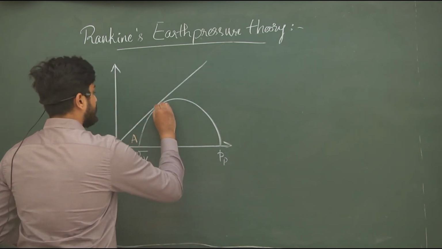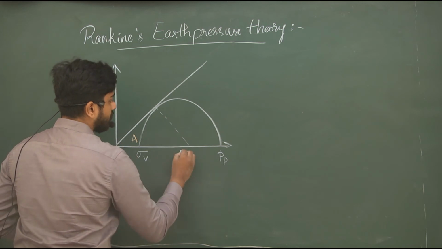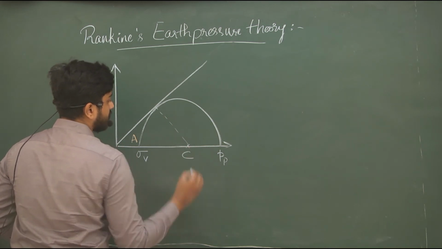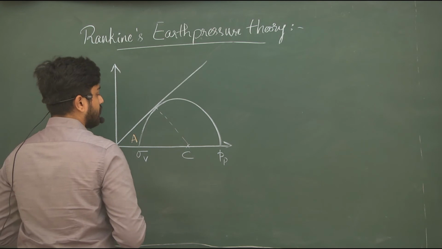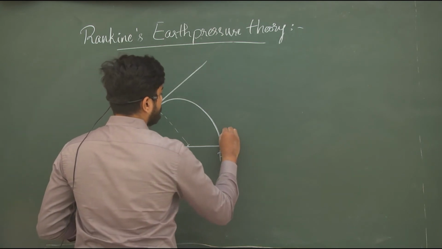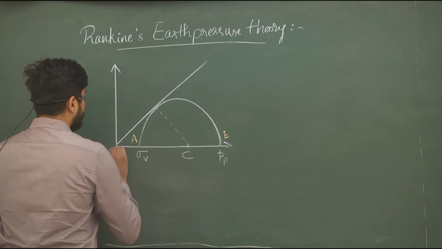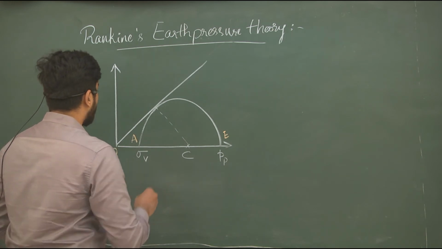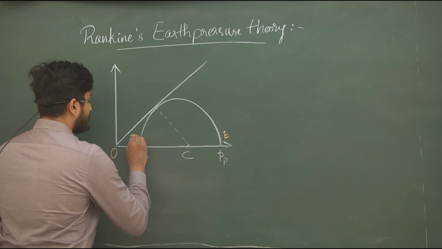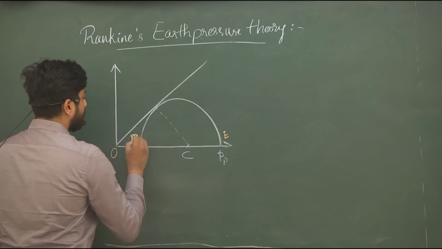Let C be the center. If I draw the center, let us say this is the center, and let us denote this by E. Let O be the origin, and let us denote this by B instead of A.